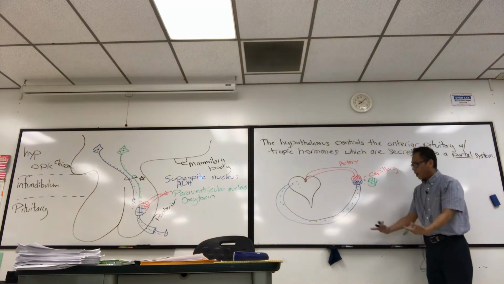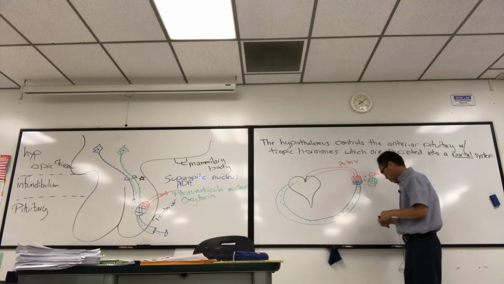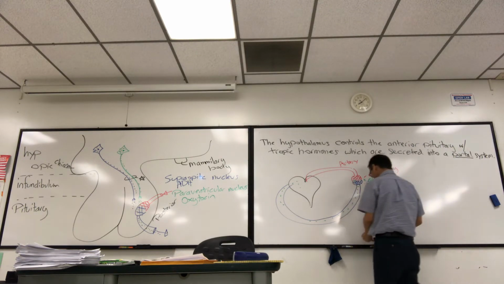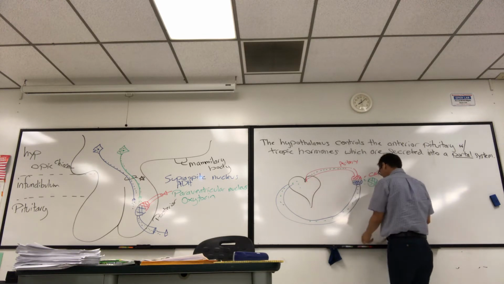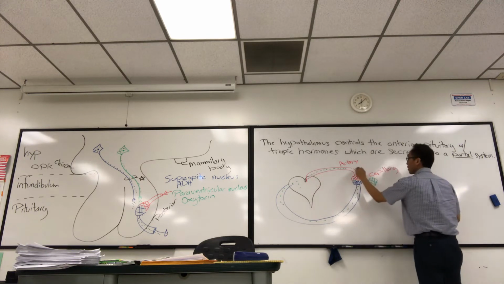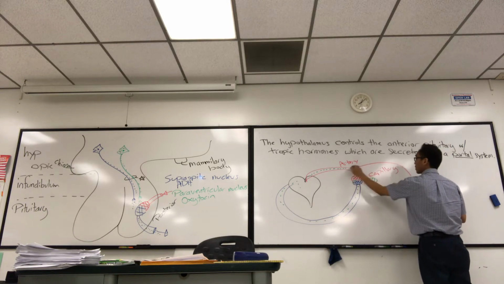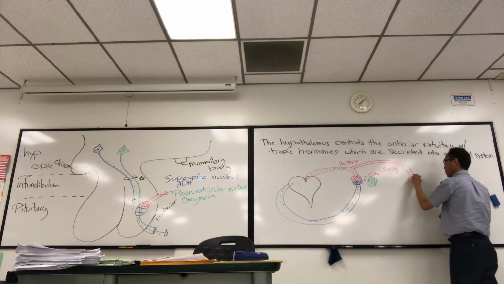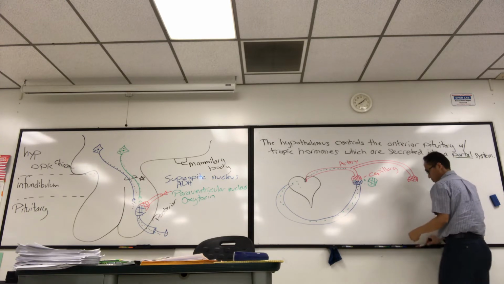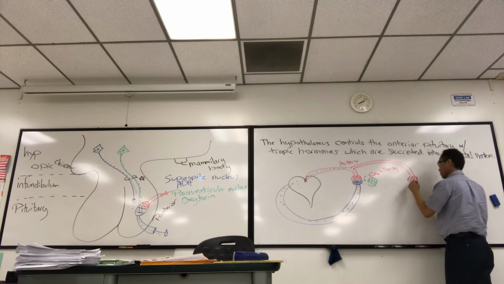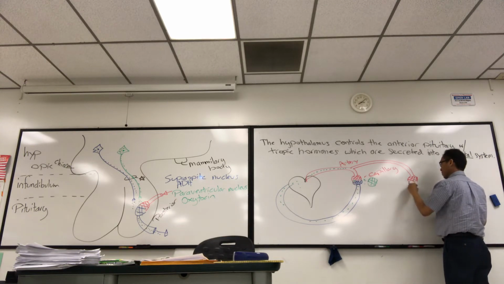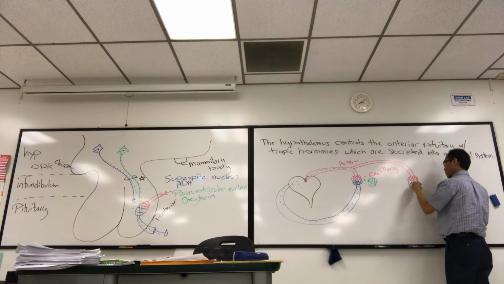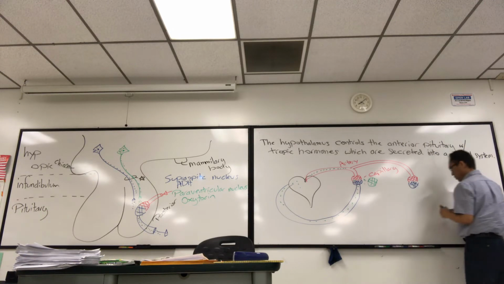And then it's got to be repumped out by the heart to get to its target. And maybe its target is somewhere else. I'll draw another offshoot here. Draw another capillary bed. And I'll draw some target cells.